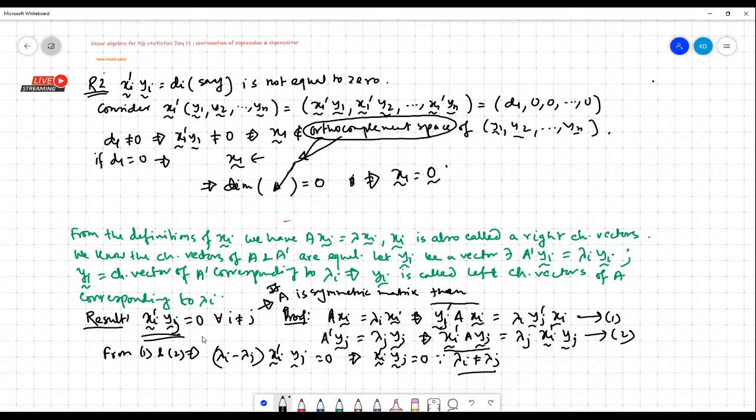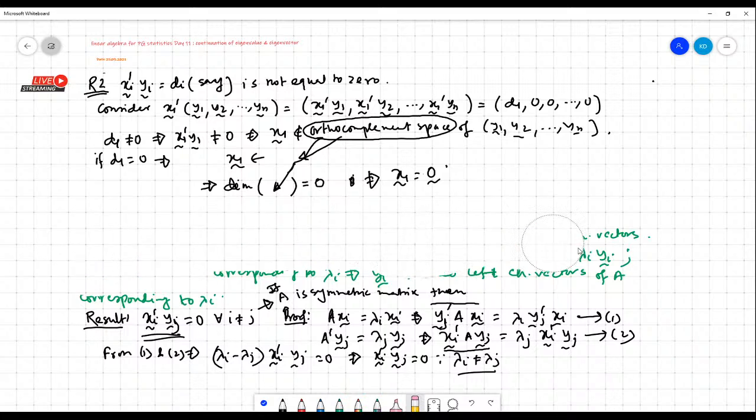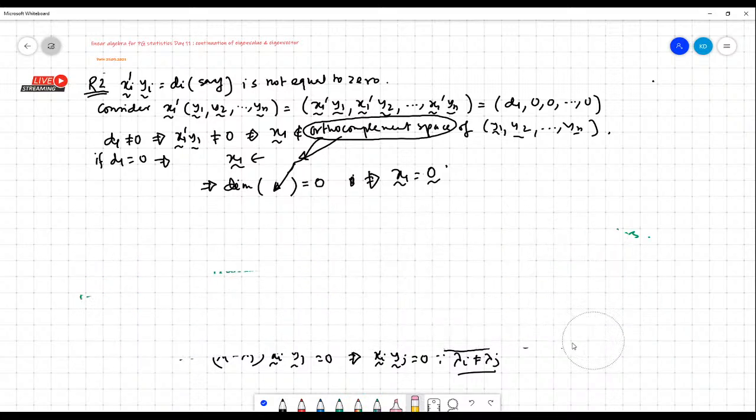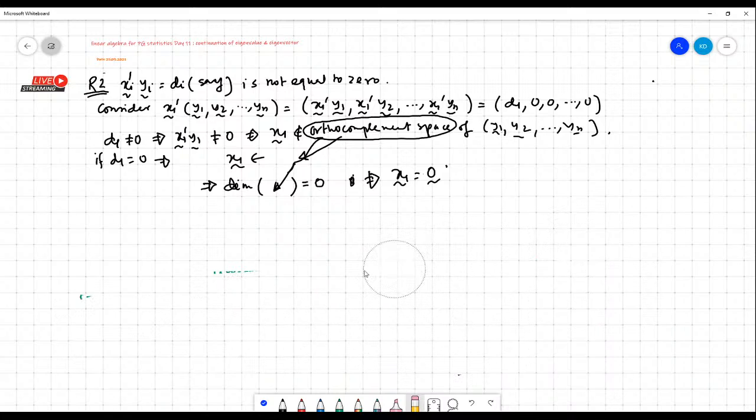Therefore, this is always possible, so d1 should be non-zero.